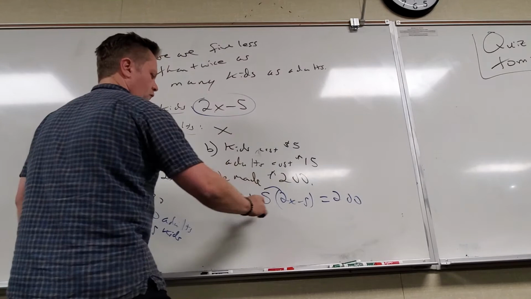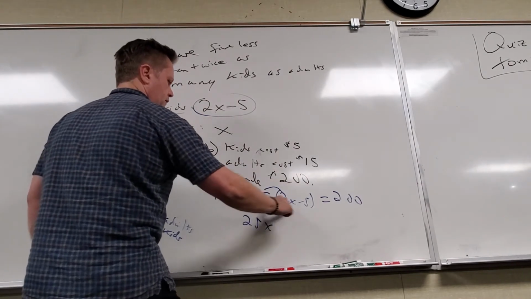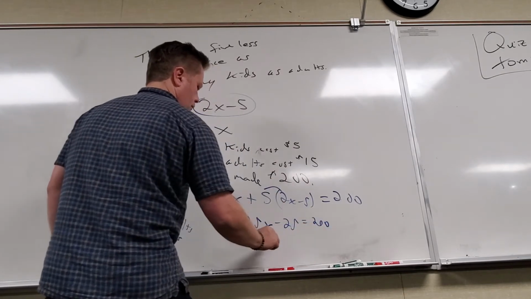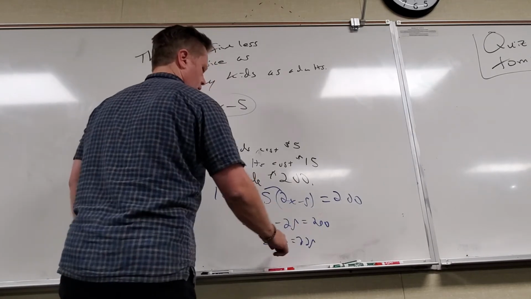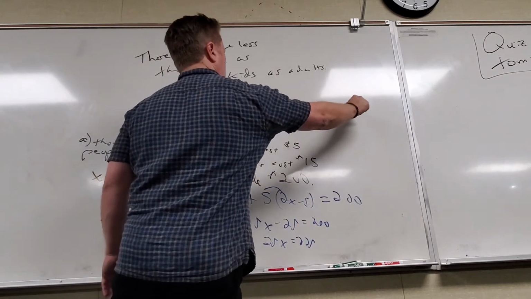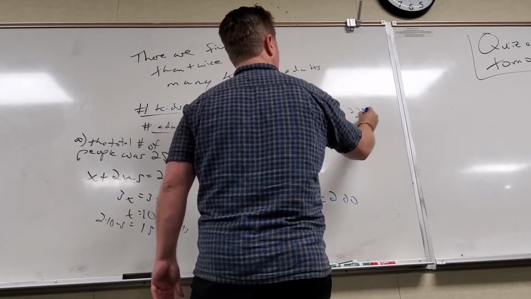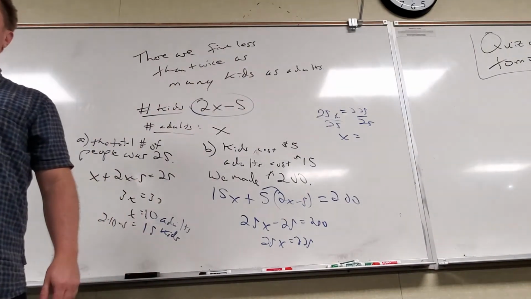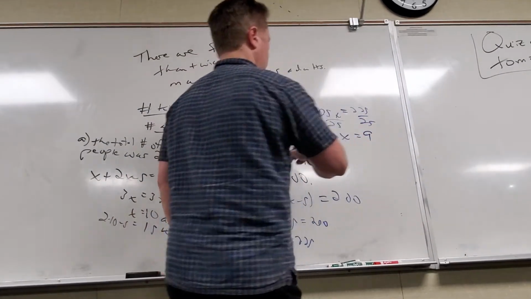So if we solve this one, this should be the easy step. Can I skip a few steps? 15 plus 10. 5 times 5 is negative 25. 25x equals, add 25, divide by 25. Right, like a normal person, Jeff. And you get 9. 9 what?